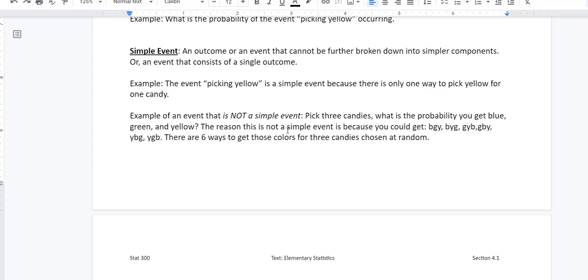There are 6 different ways that you could get a blue, green, and yellow candy depending on the order in which you pick them. So that is an example of an event that is not simple. Whereas going back to the first one, picking yellow, there's just one way to get yellow.